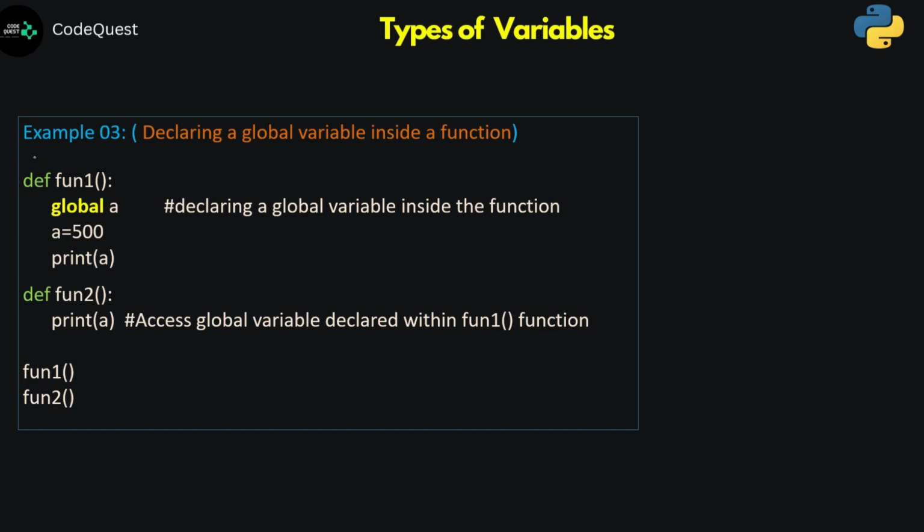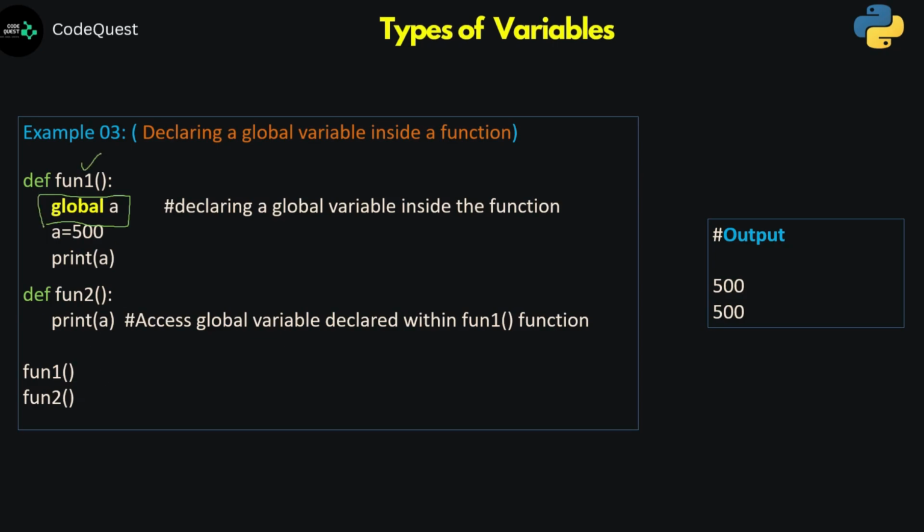By default, any variable written outside of all functions is treated as a global variable. But now I'm trying to declare a global variable not outside of all the functions, but inside a particular function. So by writing this global a, we are going to declare a global variable inside this function fun1.